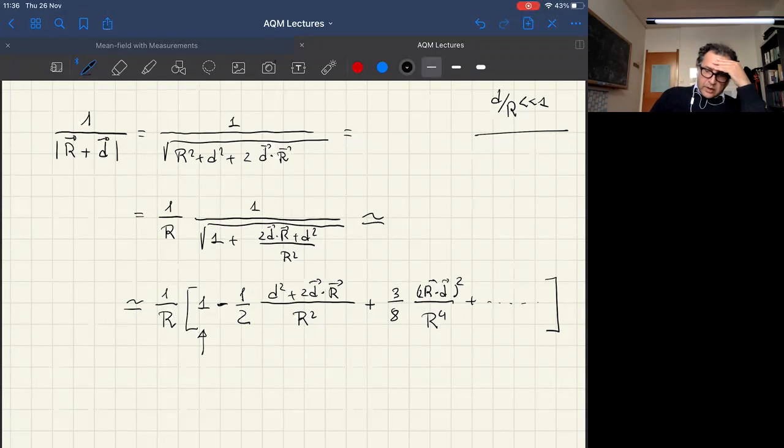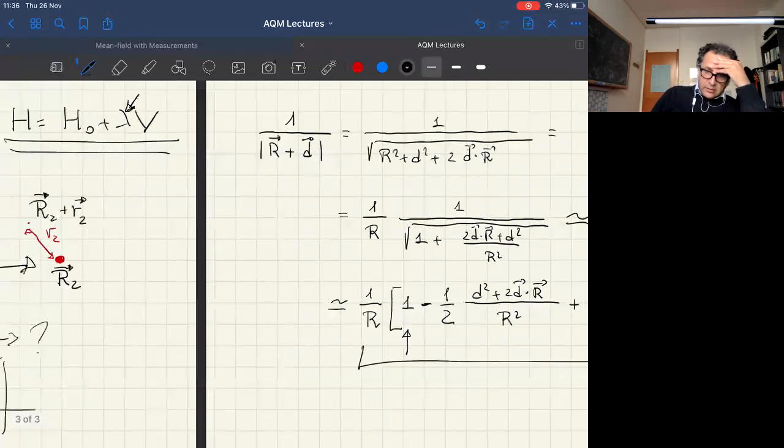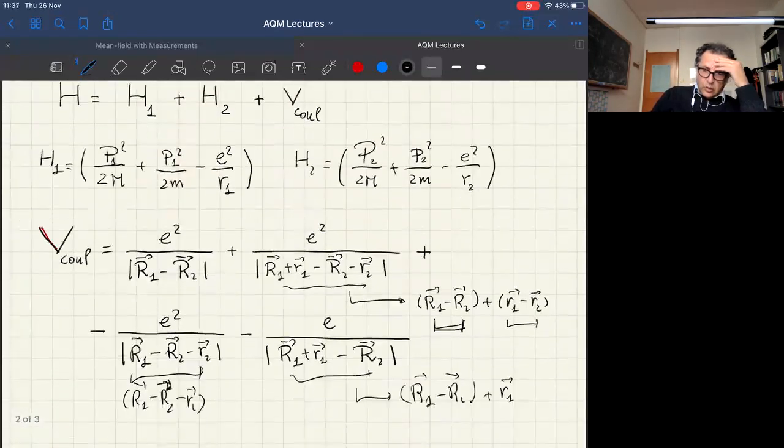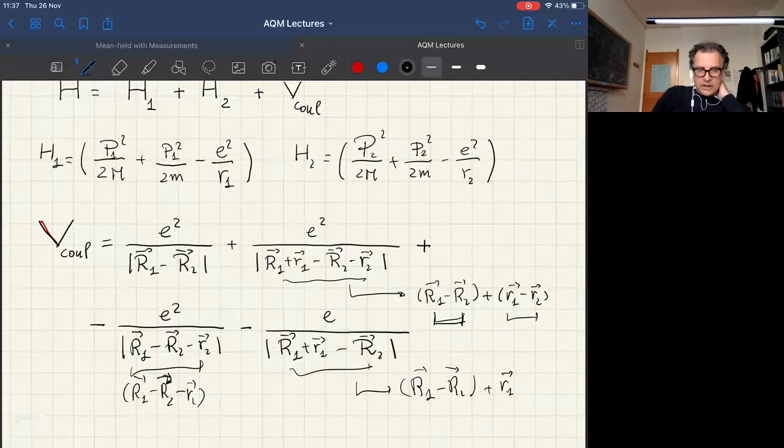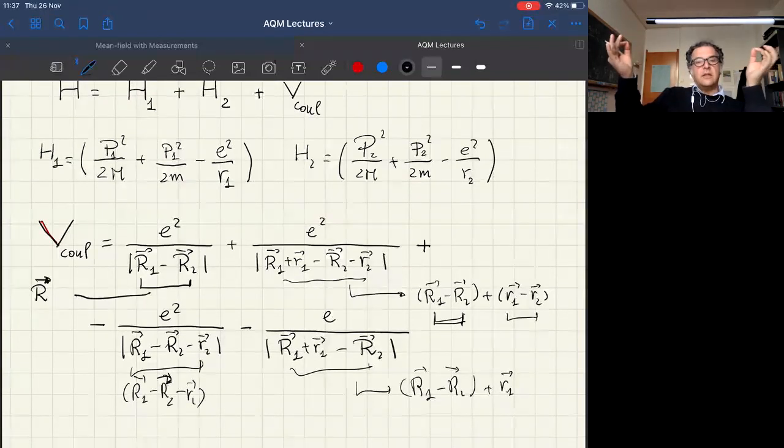Now, what you have to do is apply this expansion to all these three terms. This term is already done, because what we want to call at the end R is the distance between the two nuclei. And then you have to do the expansion I gave you before on this, and on this.